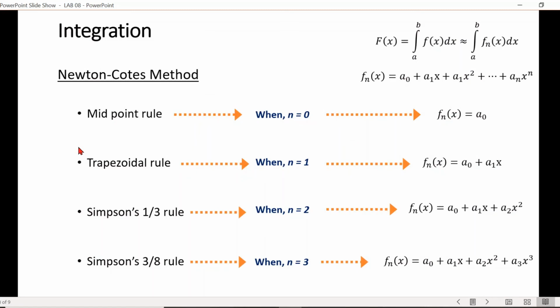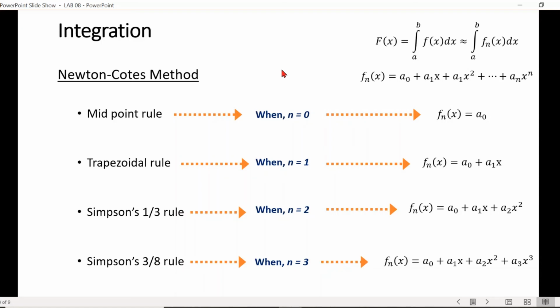Integration is simply the opposite of the concept of differentiation. For numerical integration in this lab, we are going to briefly discuss Newton-Cotes method, from which we can derive subsequent four formulas such as midpoint, trapezoidal, Simpson's 1/3, and 3/8 rules.